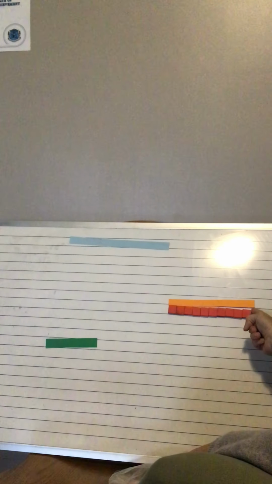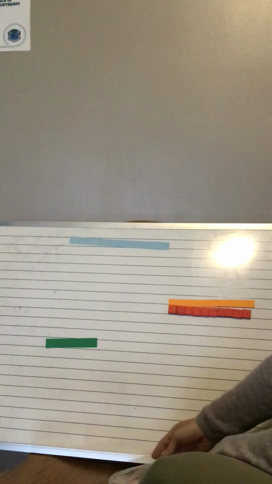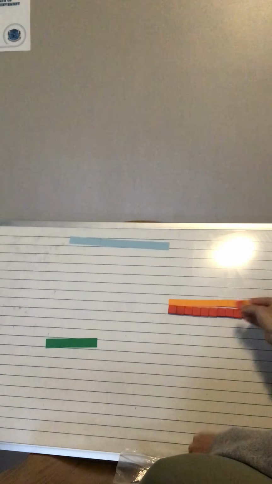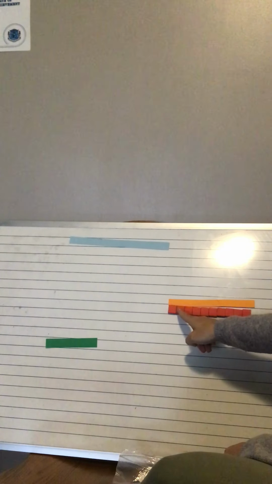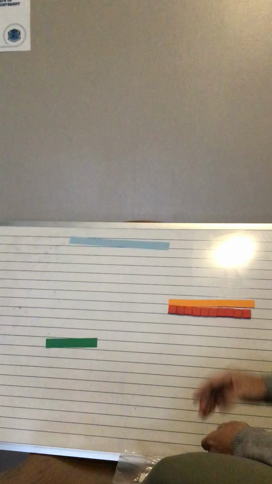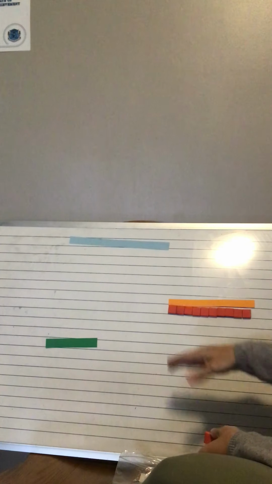And I think I'm going to stop there. There's a little bit more room, but it's not enough for another block. If I tried to put another one on, it would go out too far. So then I can count 1, 2, 3, 4, 5, 6, 7, 8, 9, 10. The orange one has 10.